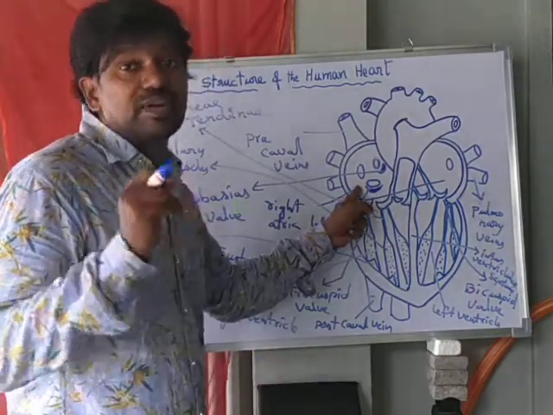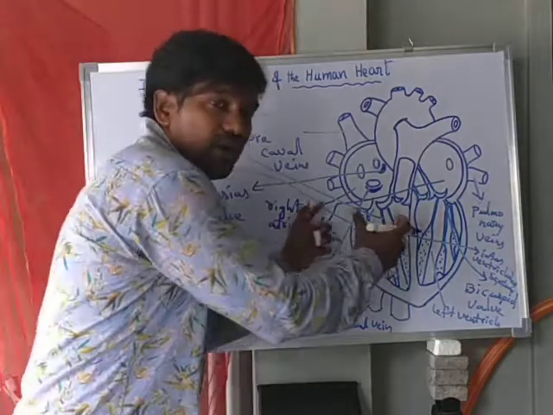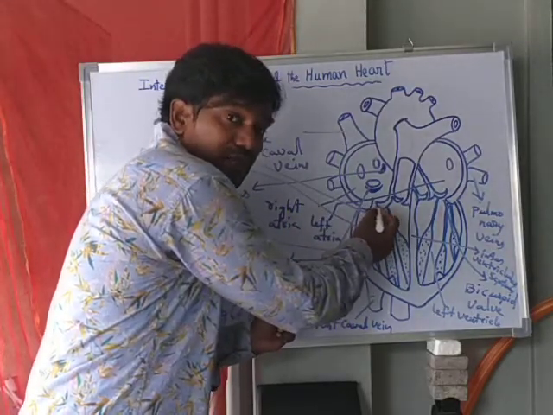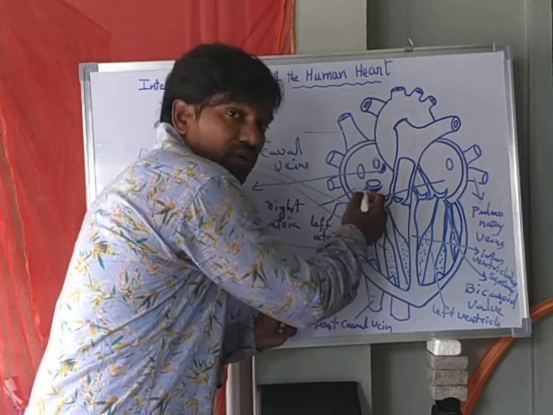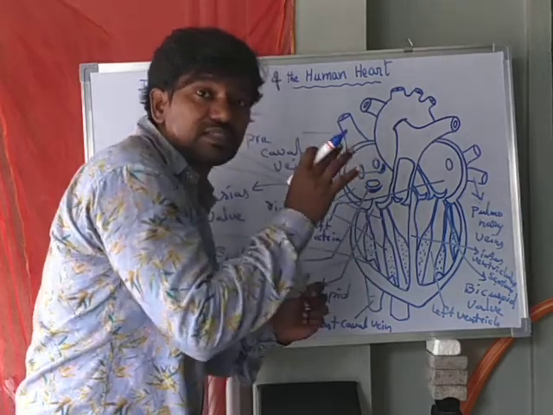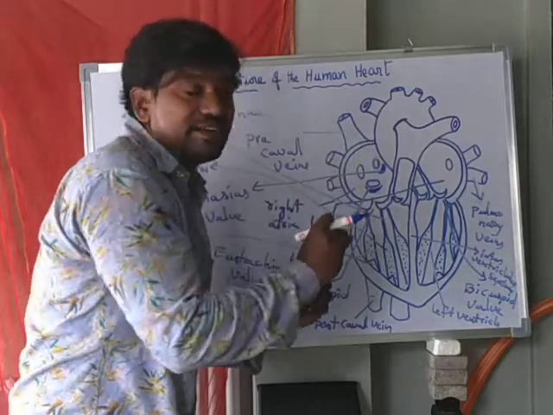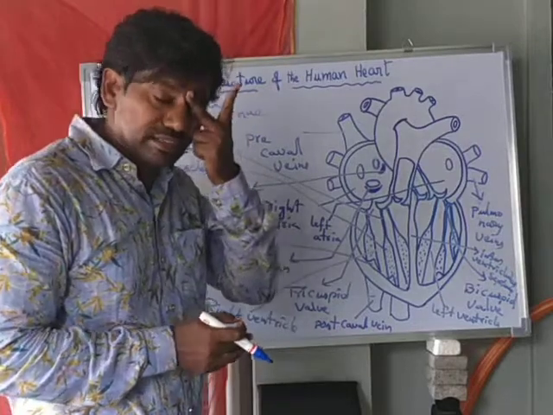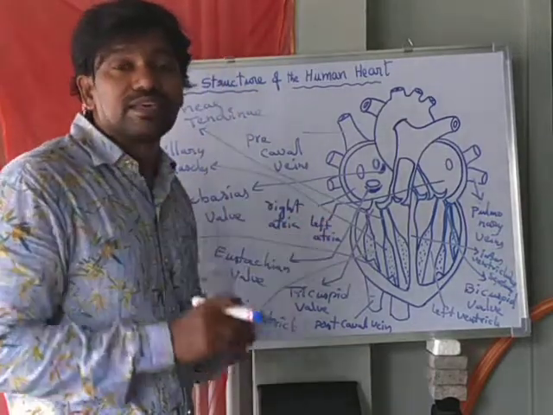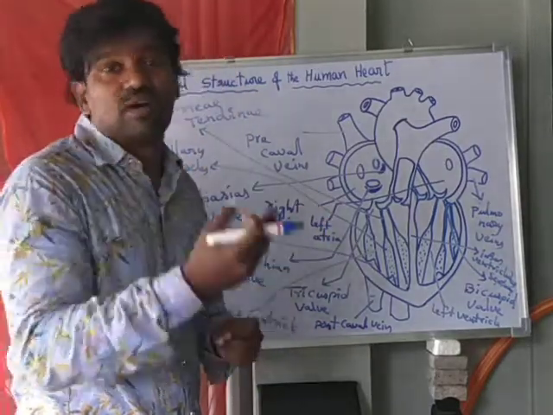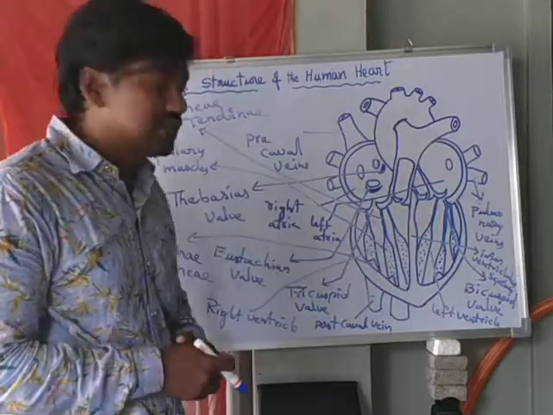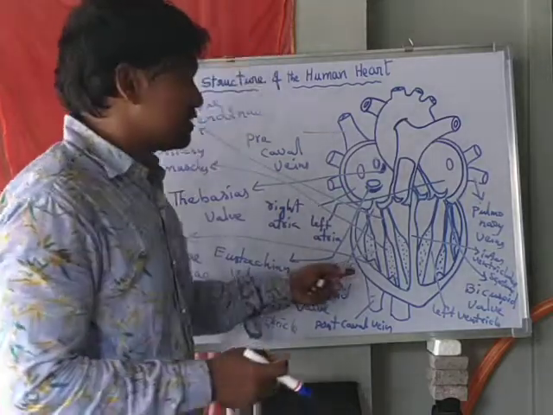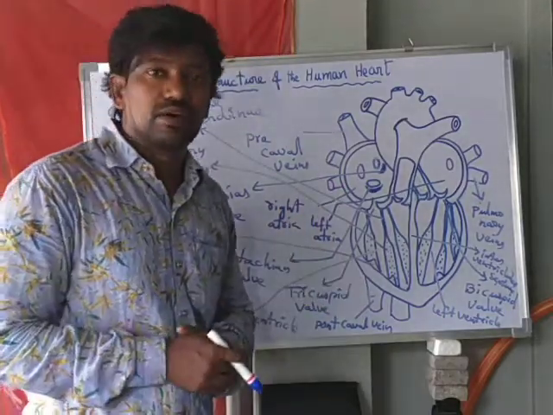At the time of heart contraction, these valves generally tend to move into the atria, but this is prevented by the chordae tendineae. Understood? Right. So it prevents the bulging too far into the atria. This is about the structure of the ventricles.